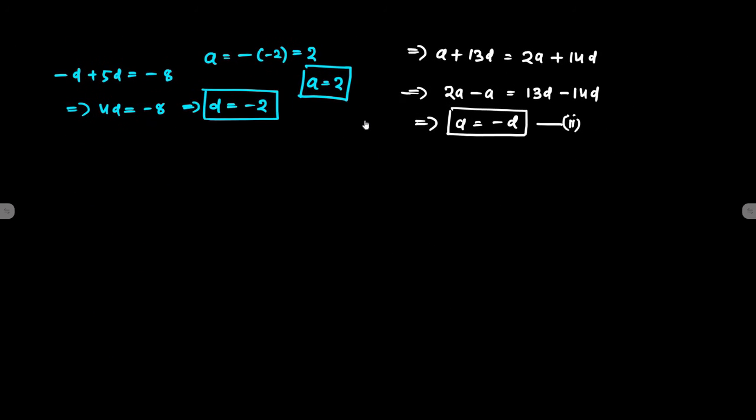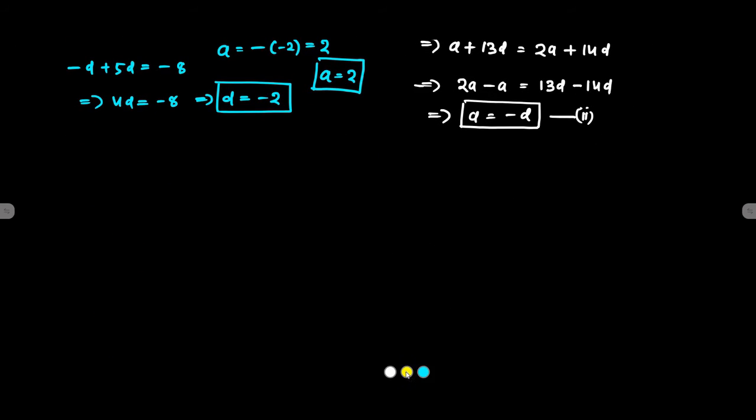So here we'll be using the formula Sn is equal to n by 2 into 2A plus n minus 1 into D. So here we have n is equal to 20.